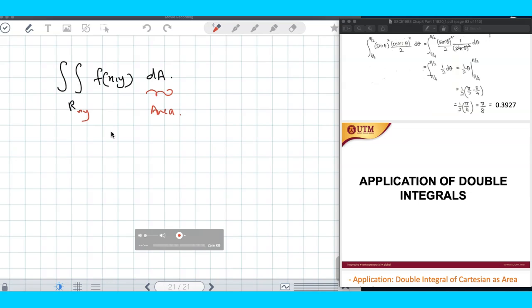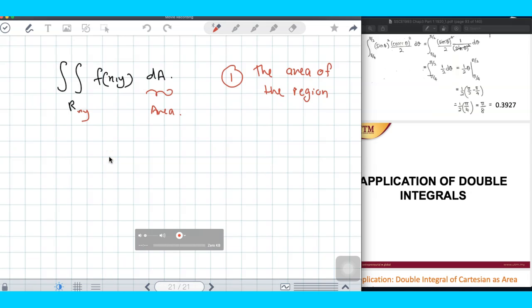Now we want to look at two applications where you can use the double integral. The first application is to evaluate the area of the region.